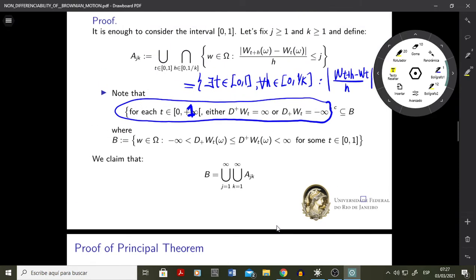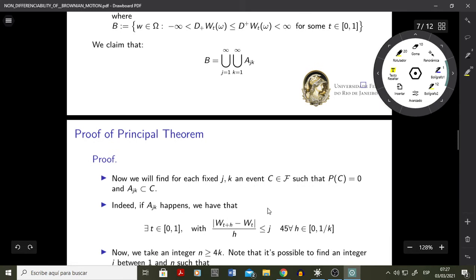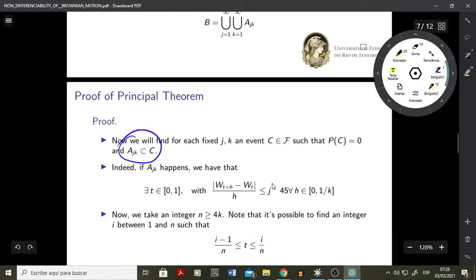Now my objective is to prove that this event has probability 0. For that, we will find a measurable set with probability 0 that contains this set A_{j,k}. Indeed, if the event A_{j,k} happens, what do we have?